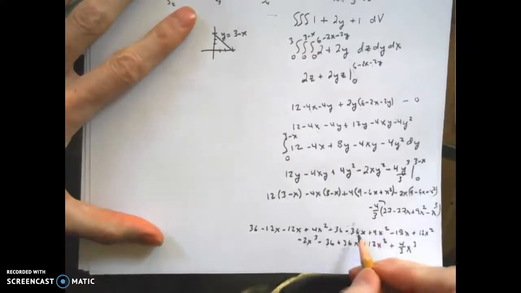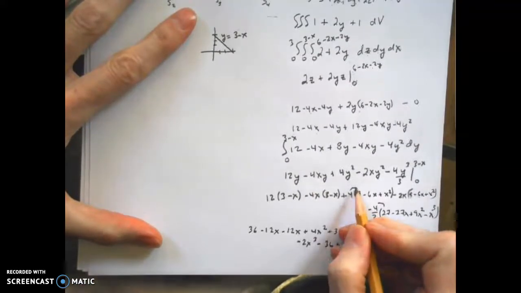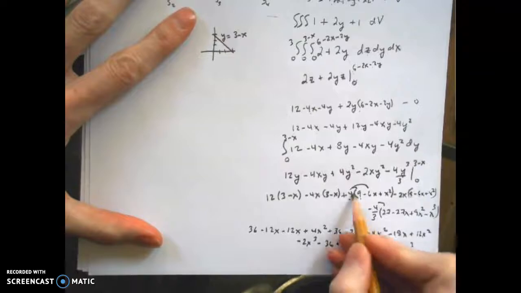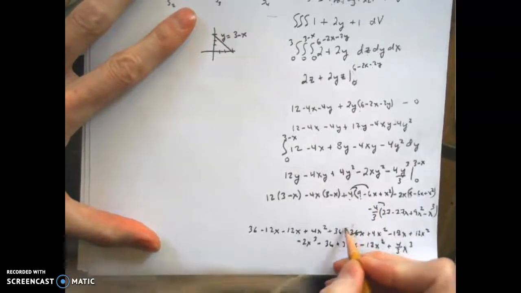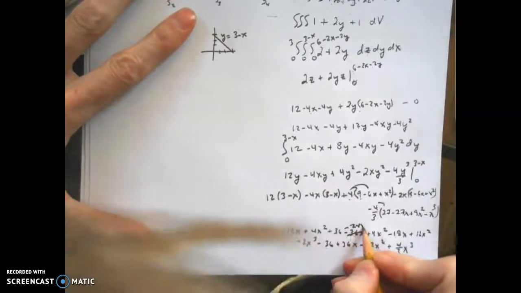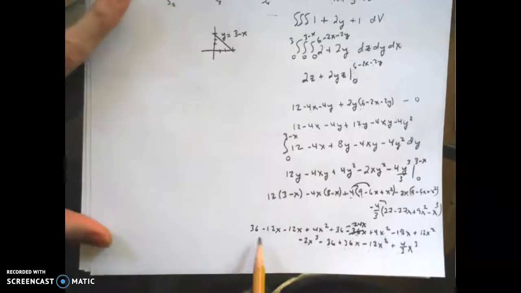Okay, bear with me for a second. This right here, when we did this times this, 4 times 9 was 36, 4 times negative 6 is not negative 36, that's negative 24x.